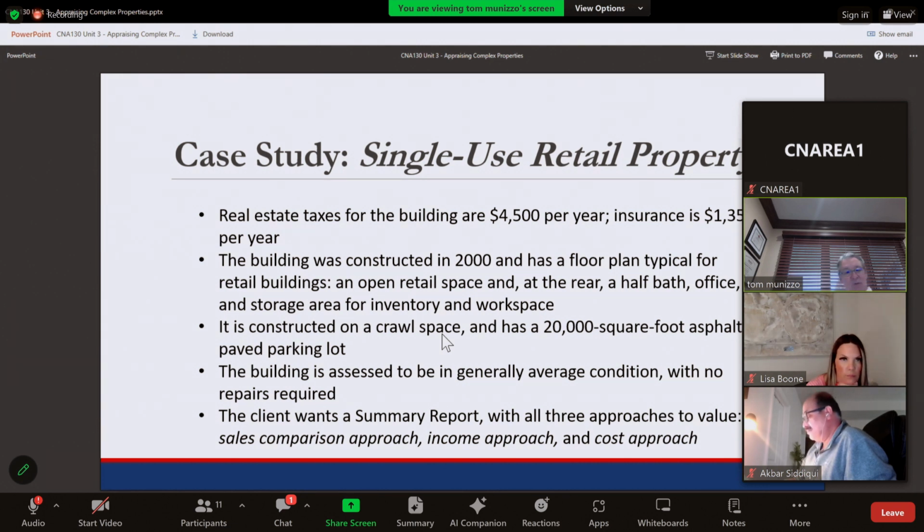Right now you can only produce an appraisal report or a restricted report, as opposed to the old self-contained, summary, and restricted use. So that should probably be worded as the client wants an appraisal report.